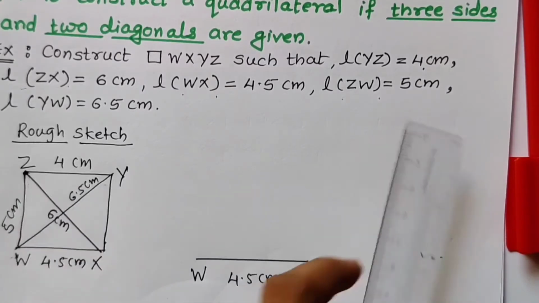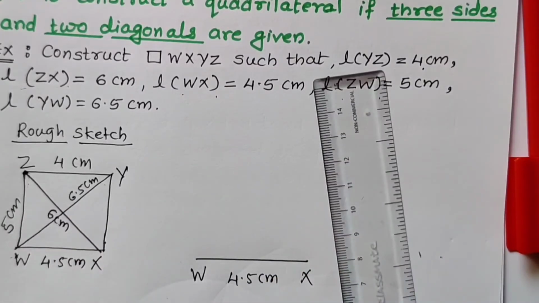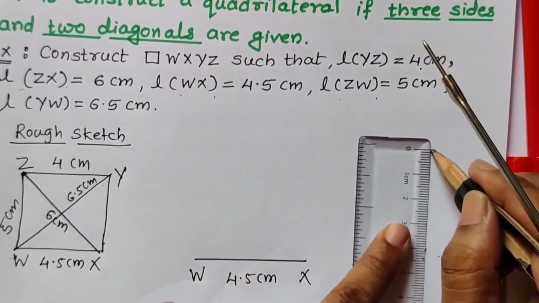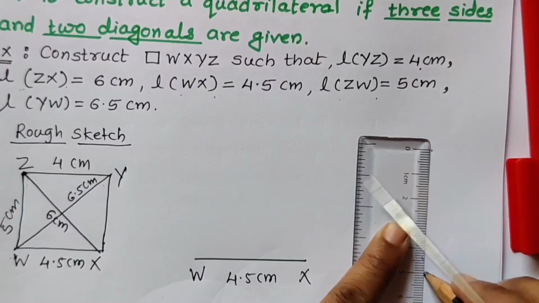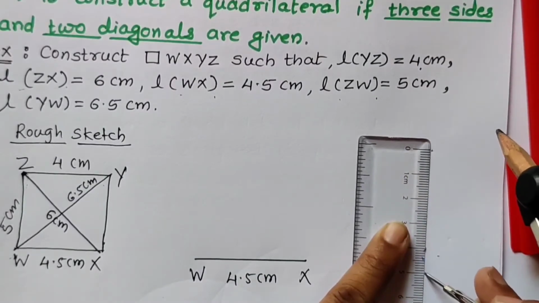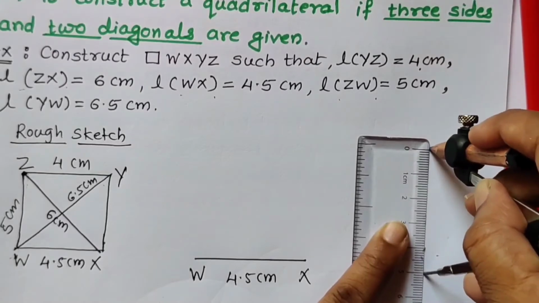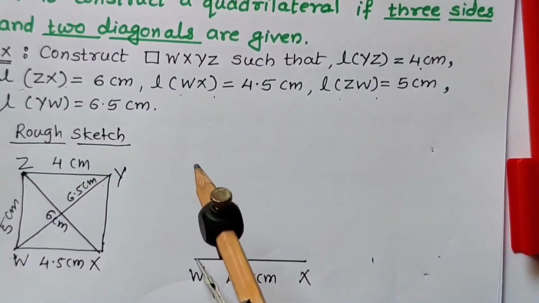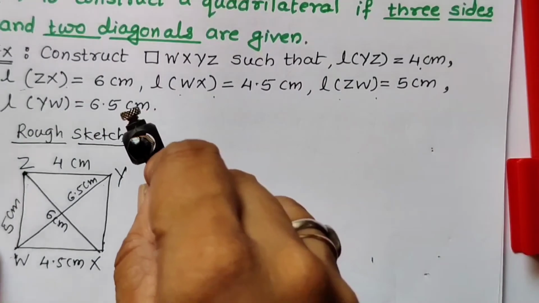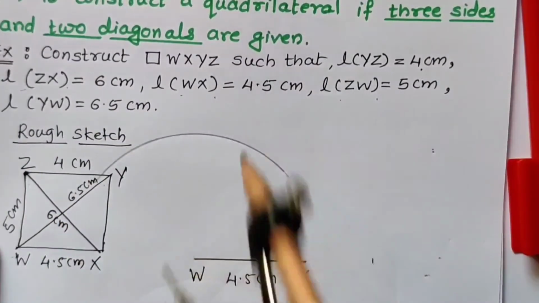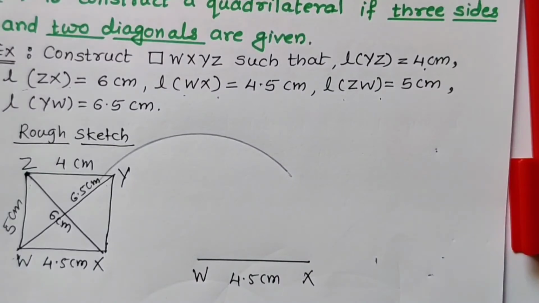So first I am going to draw an arc at 5 centimeter, 0 to 5, okay, and then take the distance in your compass or rounder. And from W, Z is at 5, so I am going to draw an arc. Draw the big arc, afterwards you can rub the extra part.